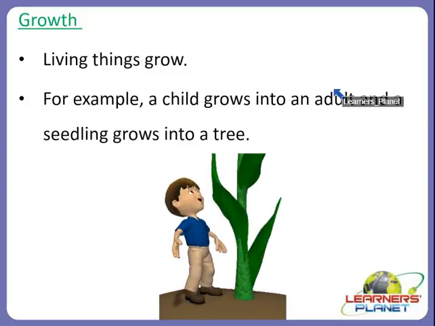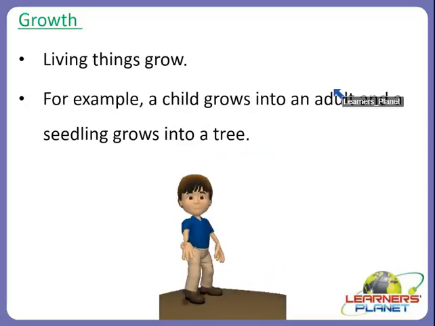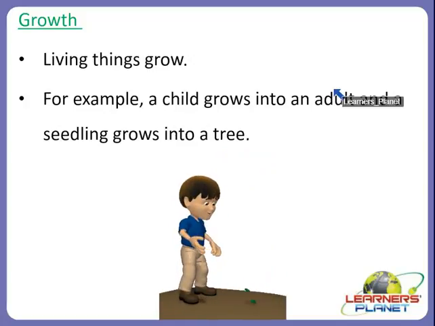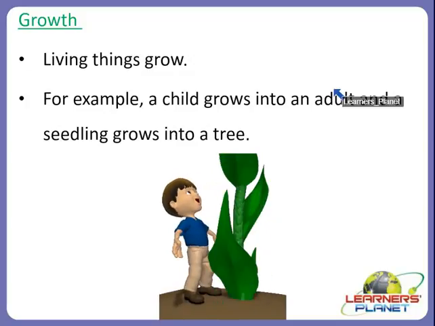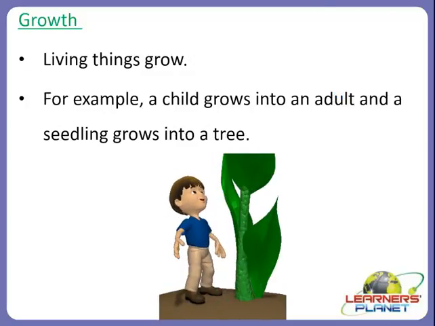Now let us revise them. Yes, we see many things around us. Some move on their own while others need something to move them. Here I'll take some examples like a cockroach, a tiger, etc. They move on their own.